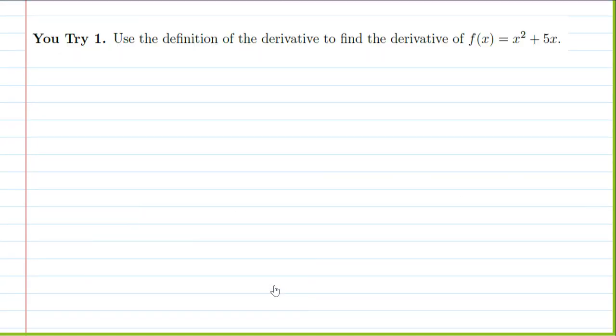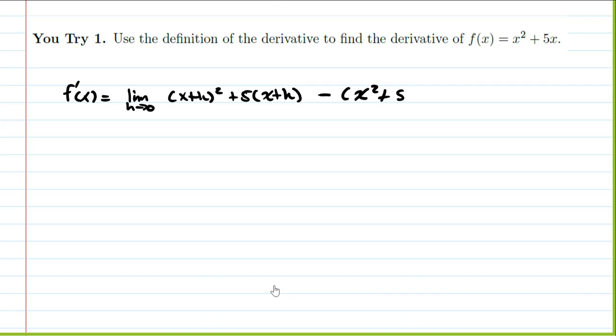So to find our derivative, we have that f prime of x is equal to the limit as h goes to 0 of f of x plus h. So in this case, it's going to be x plus h squared plus 5 times x plus h minus f of x, which is x squared plus 5x, all divided by h.